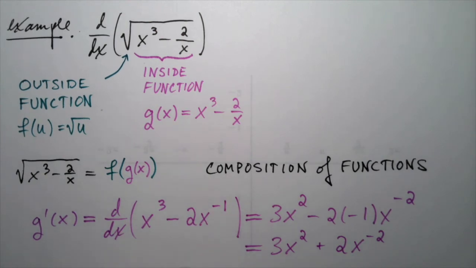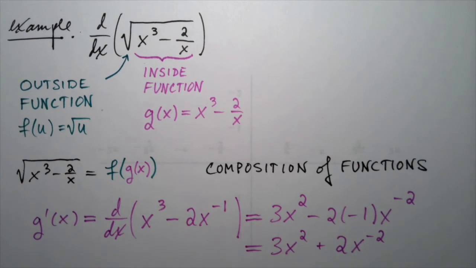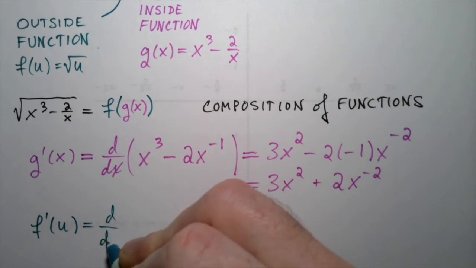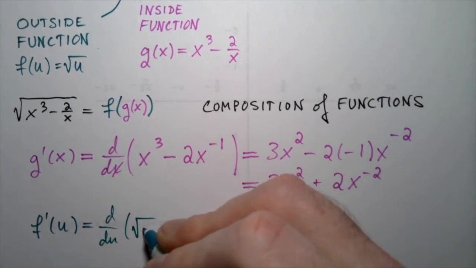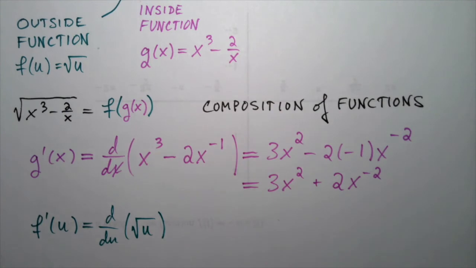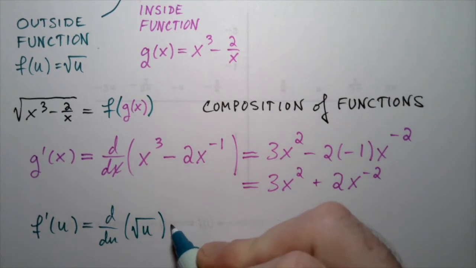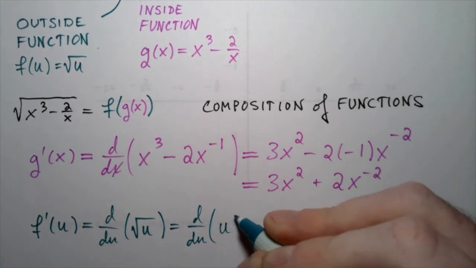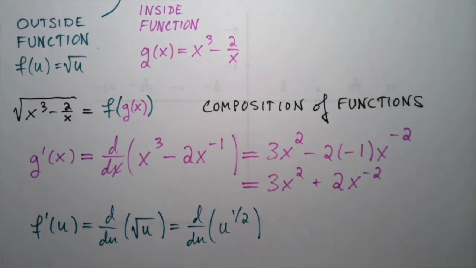We also need to take its derivative, but here's the crucial thing. We're taking the derivative of f with respect to the inner function, so to speak, as a single piece. So we're going to be taking the derivative of f with respect to u. In other words, we're just taking the derivative of the square root of u. Well, how do we do that? Again, let's just rewrite that function before we take the derivative. That's u to the 1/2.